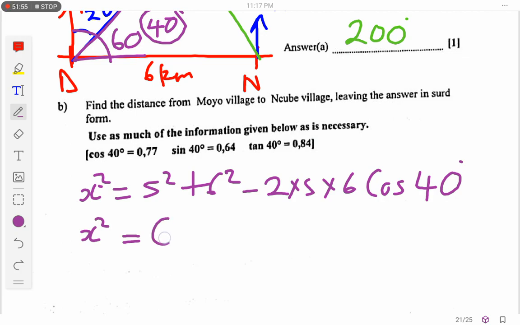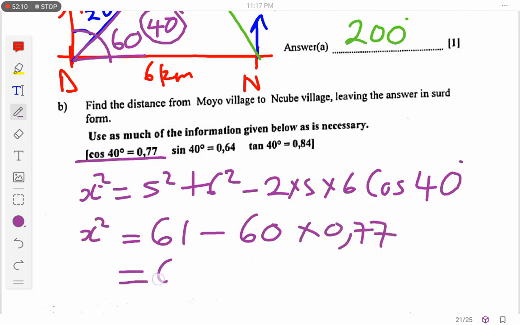We get 61 here, minus 5 by 2, we get 10 by 6, that's 60, cos 40, 0.77 we are given. So this is 61 minus 0.77 times 60, we get 46.2 here.